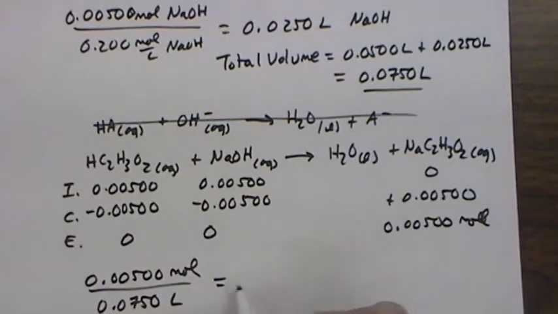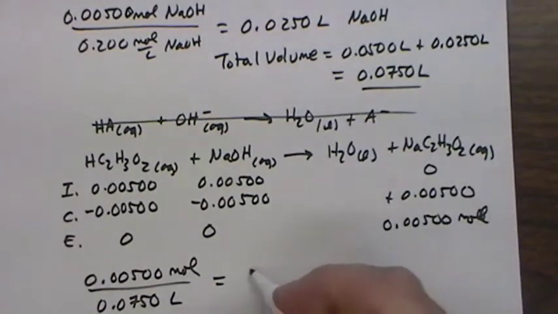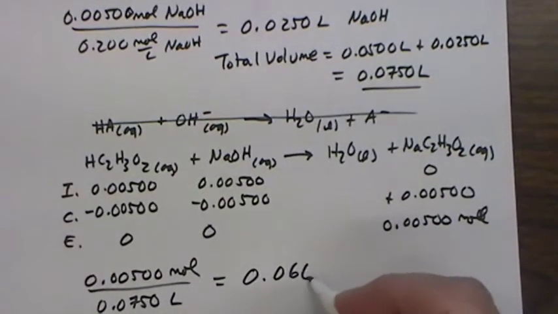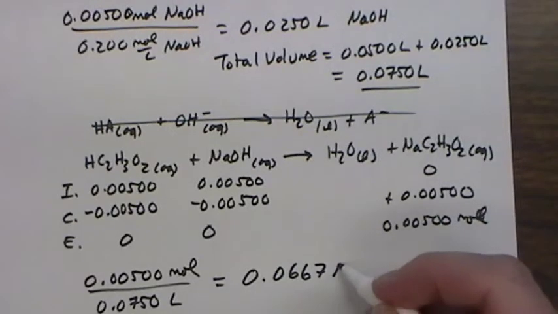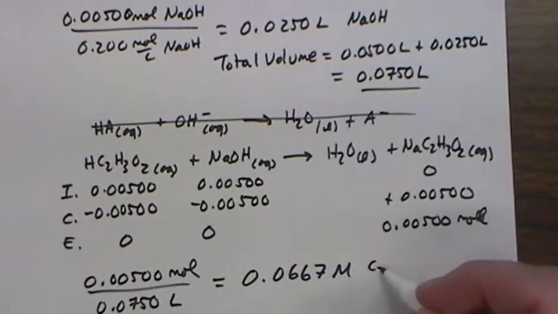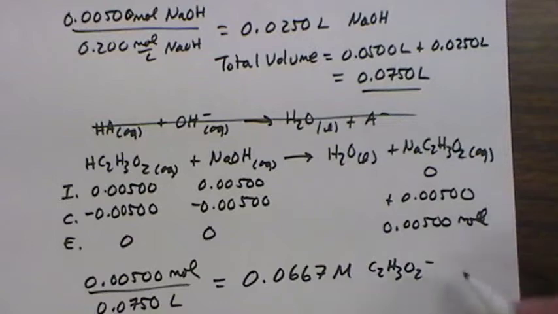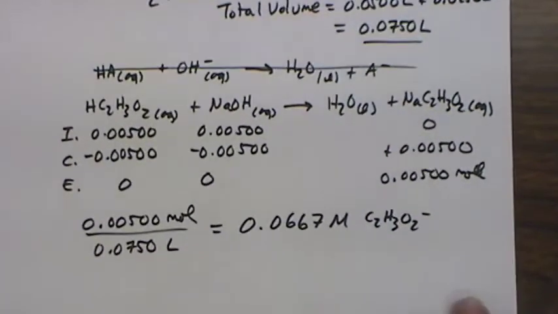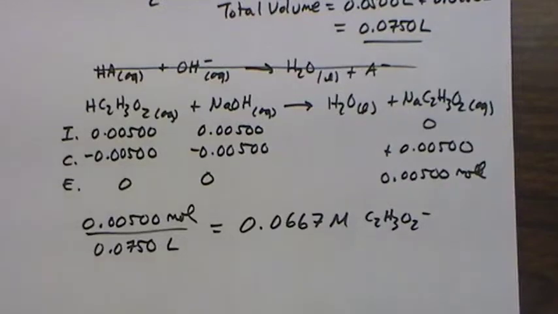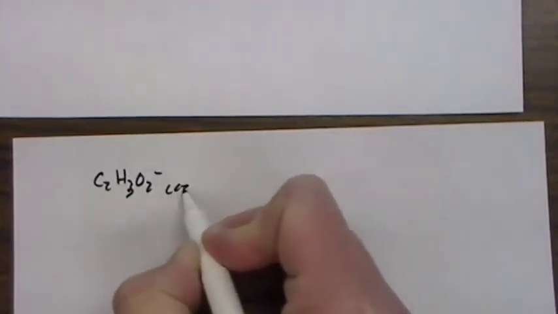So a lot going on here. This is 0.0667 molar, and I'm just going to put the acetate ion. The sodium does nothing, but we know what the acetate ion does. The acetate ion is going to react with water.